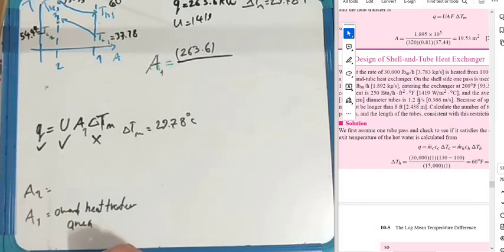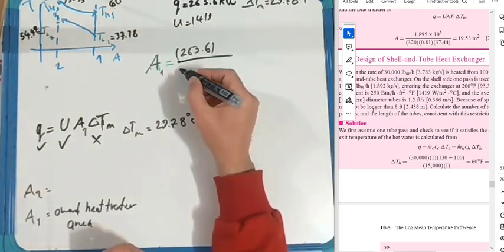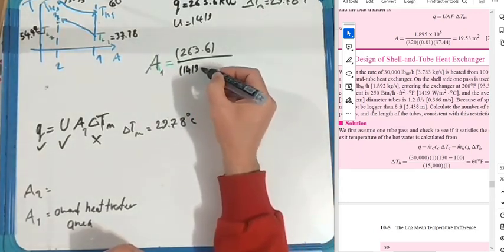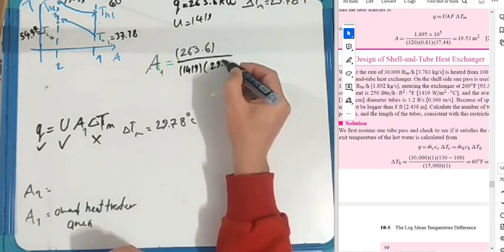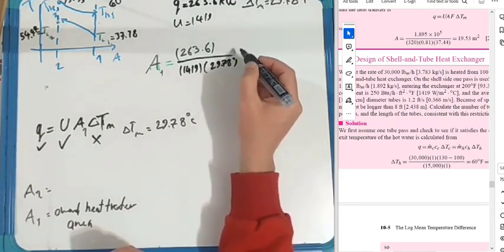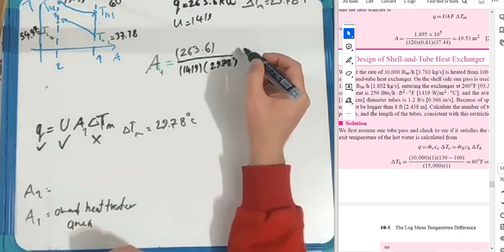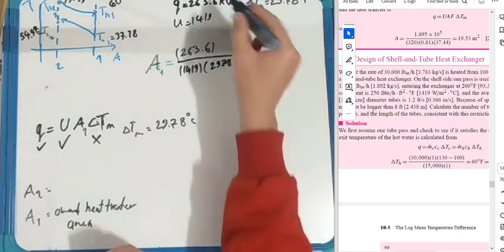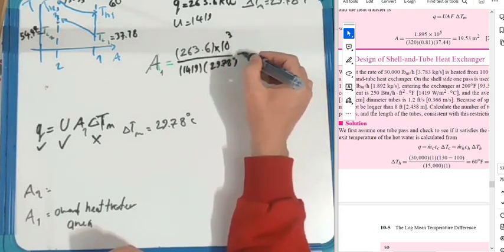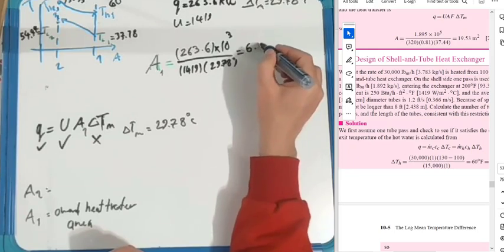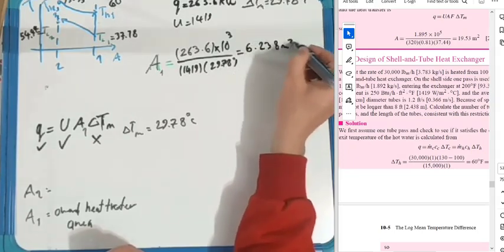So here 14.19, delta Tm is 29.78 degrees Celsius. Because Q is in kilowatts, I should multiply it by 1000. The answer would be 6.238 meters square.